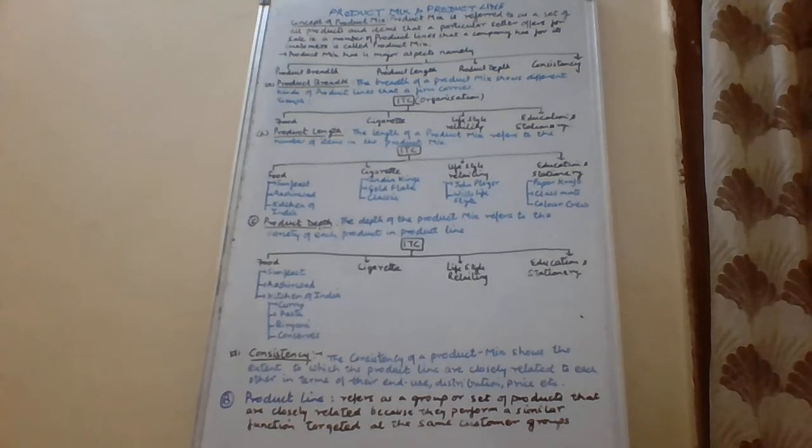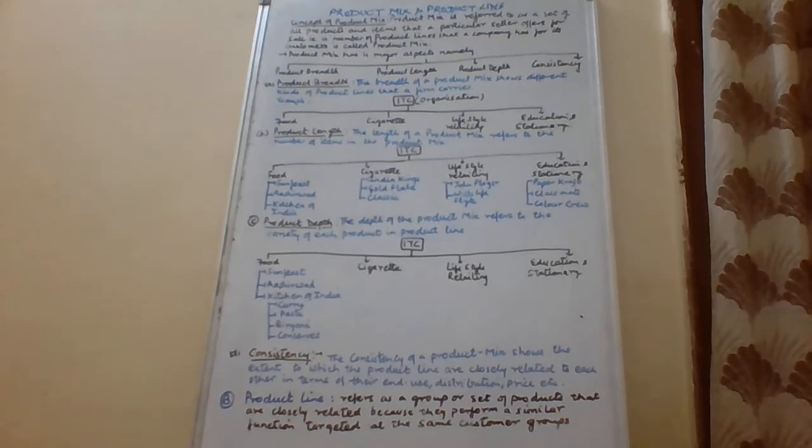I will discuss what would be related ones, but here they are unrelated. They are also into hotels, personal care, and agribusiness. So in this example, there are four product lines that show the width of ITC.